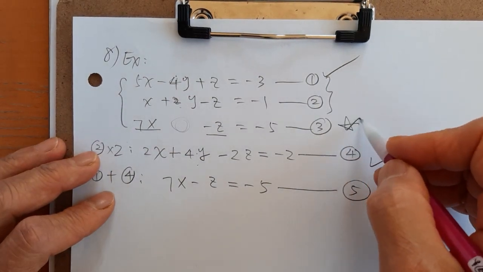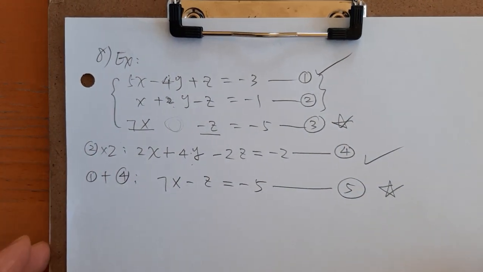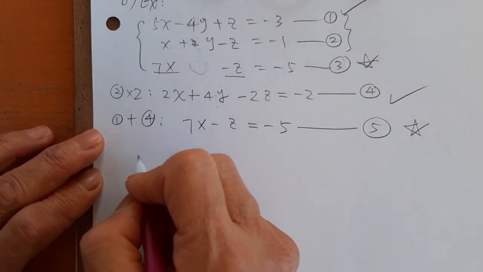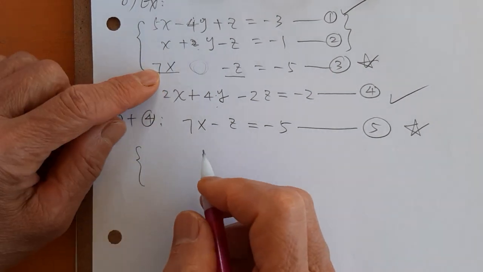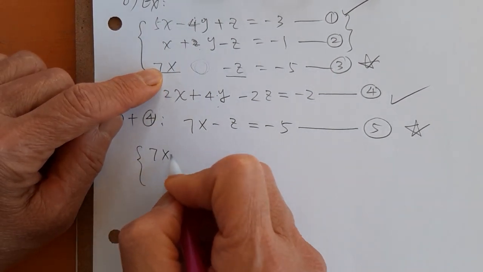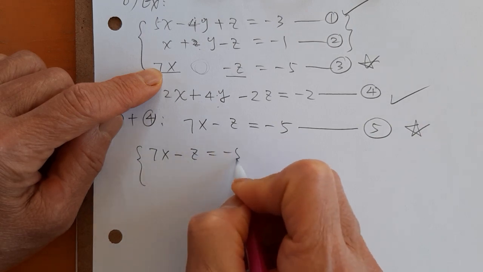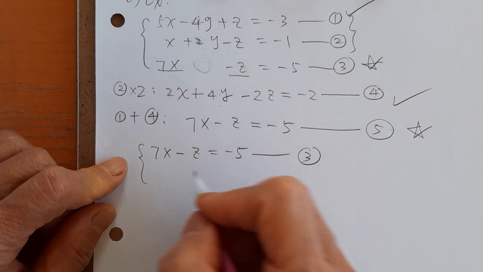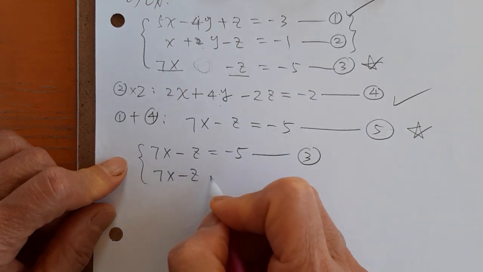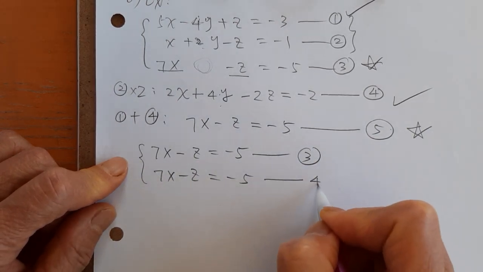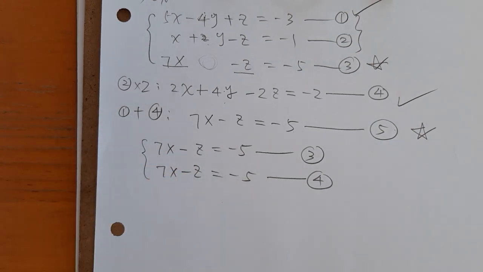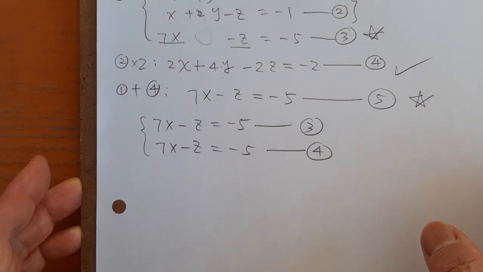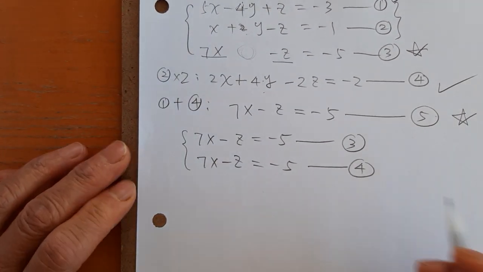Then the fifth equation and the third equation form a linear system. Third equation is 7x minus z equals negative 5. Fifth equation is 7x minus z also equals negative 5. The two equations are the same equation, so there are many solutions.